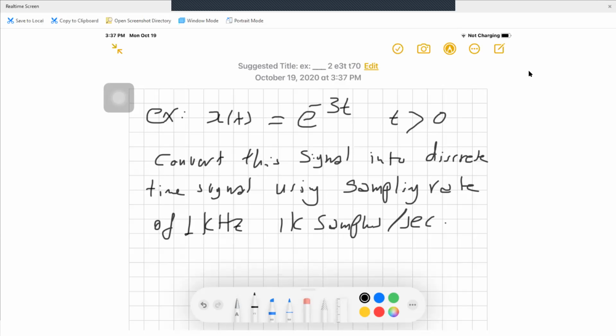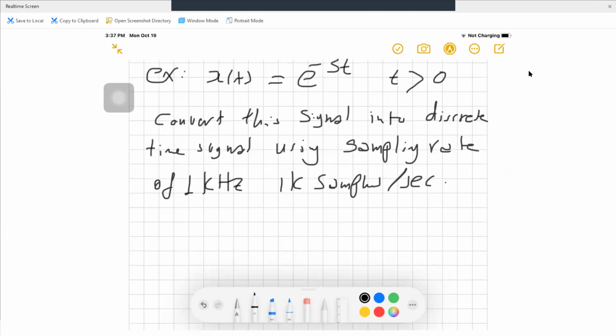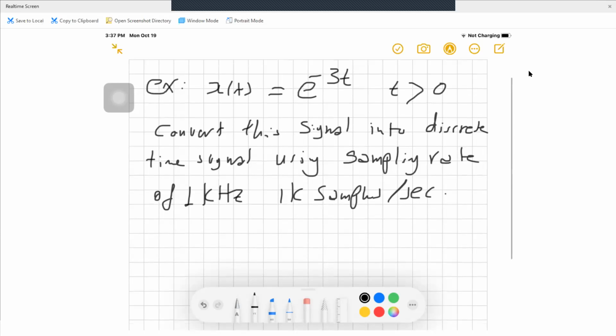Okay, now this is the last example in this lecture. You are given a signal x of t equals e to the minus 3t for t greater than 0, and the signal is sampled at a rate of 1 kilohertz. The requirement is to convert this signal into a discrete time signal, I mean x of n.